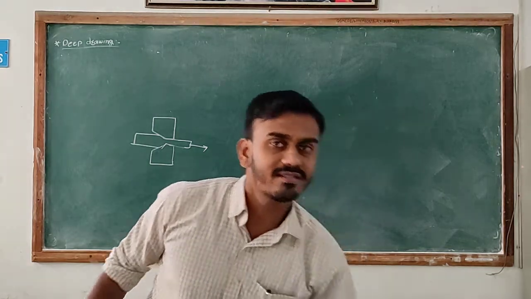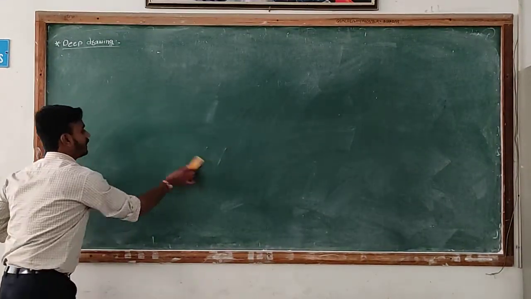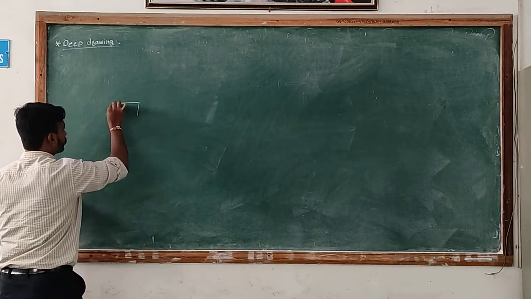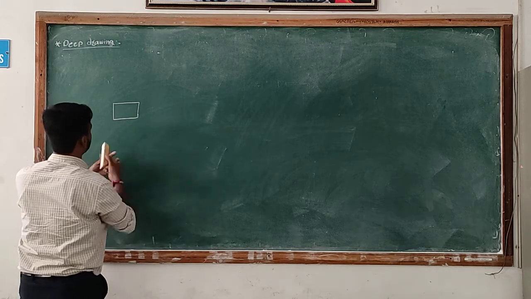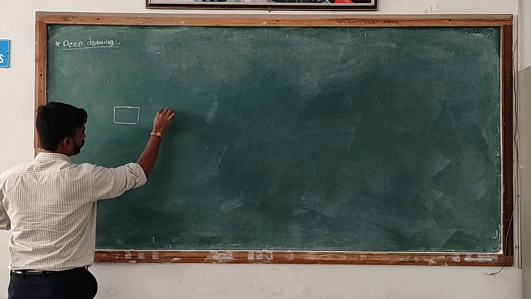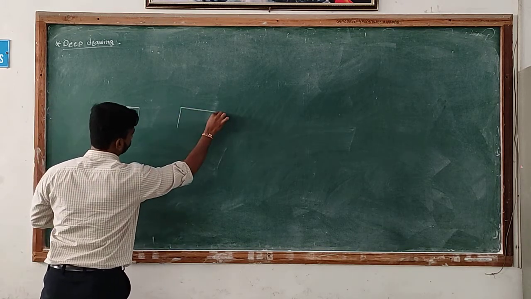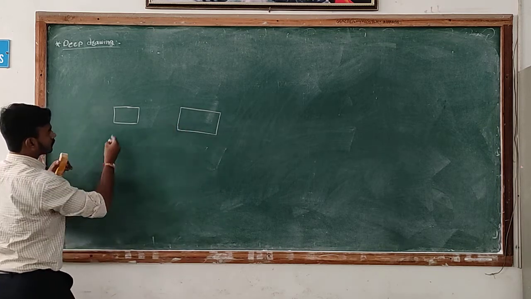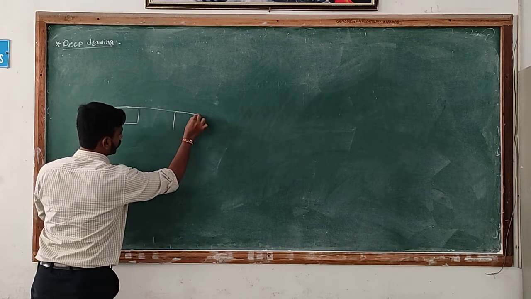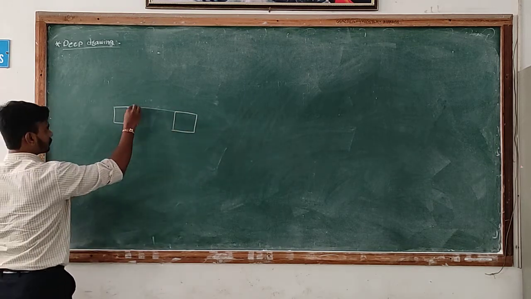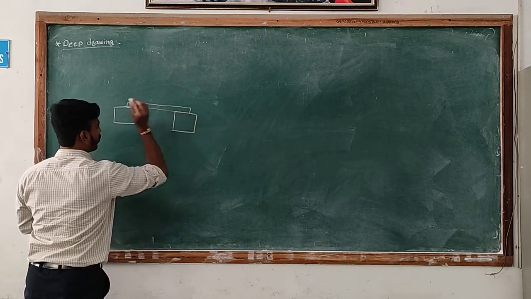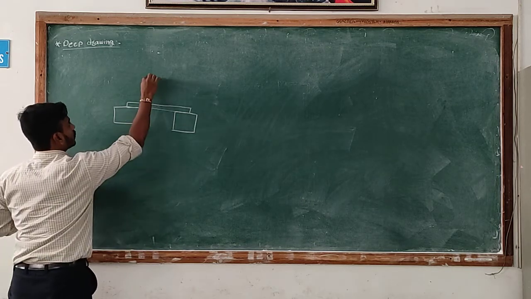So what is the drawing process if we consider it as sheet metal working? This is a die, and this is my raw material.